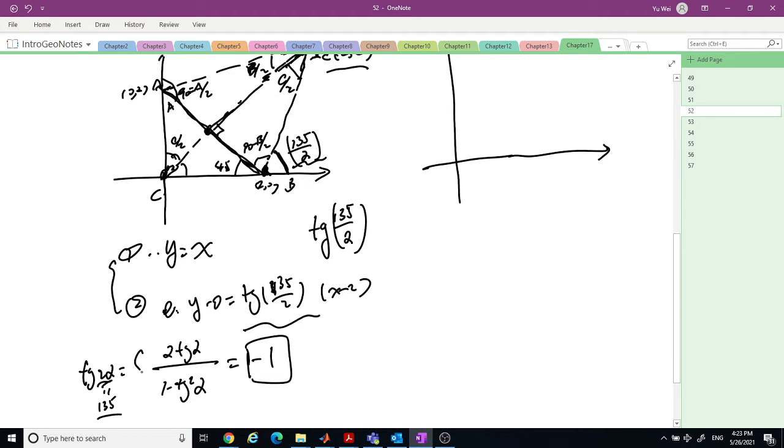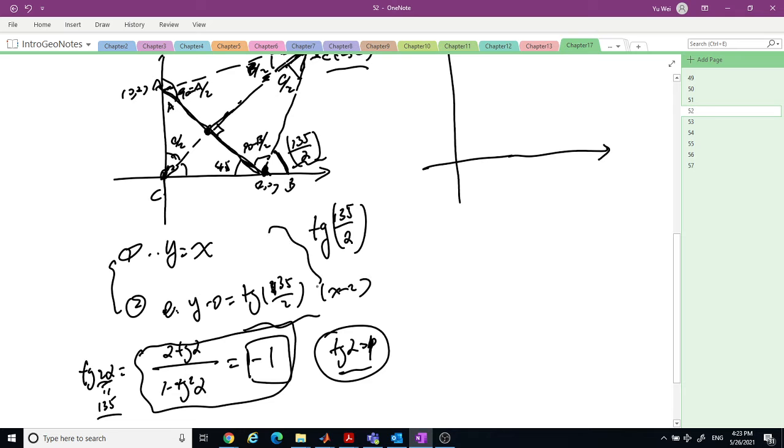So there you can solve this quadratic equation. And the tangent alpha will be greater than 0, and also greater than 1 because it's greater than 45 degrees. Once you solve the tangent alpha, then you solve this equation, then you can solve the coordinates.